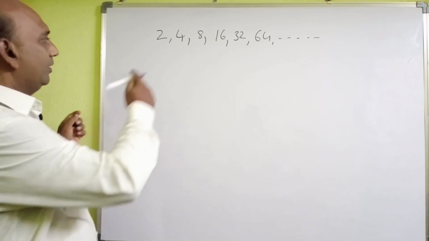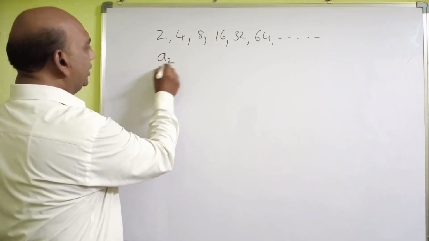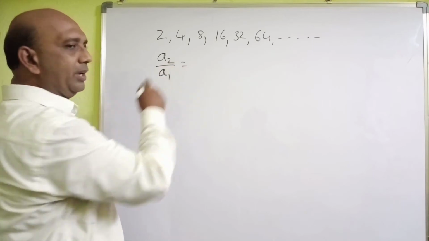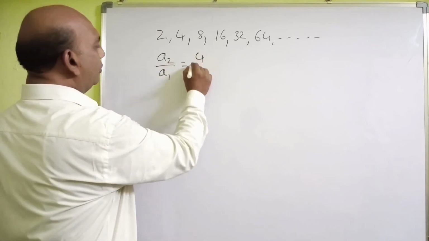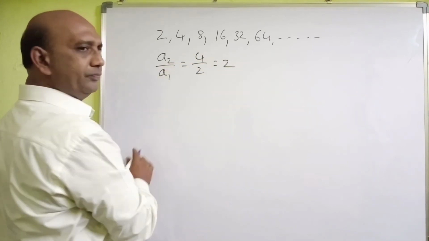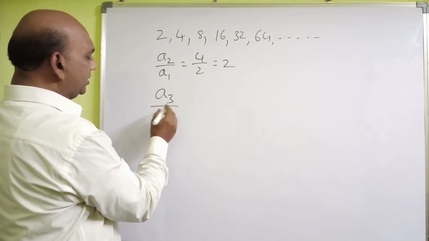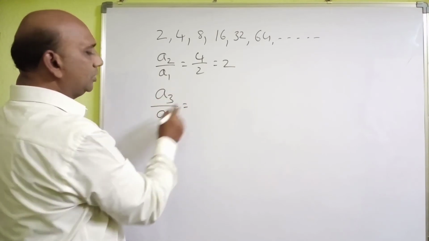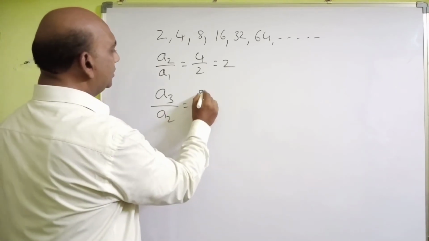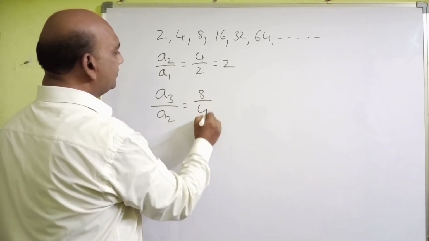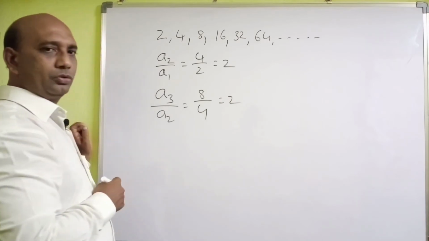First find a2 by a1, second term by first term. That is 4 by 2, which is equal to 2. Similarly, find the common ratio a3 by a2, third term by second term. Here the third term is 8 divided by the second term 4. This is also equal to 2.